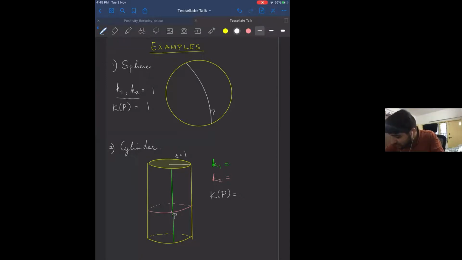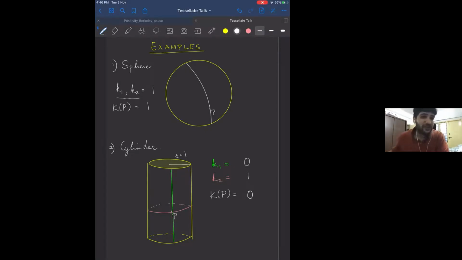The first one that maximizes it is basically given by these circular straight line paths, and the minimum is given by this vertical straight line. Okay, so you can clearly see that this line is not bending at all. So the minimum turns out to be 0. The maximum, let's say you're working on a cylinder of radius 1, the maximum turns out to be 1. So their product is 0.